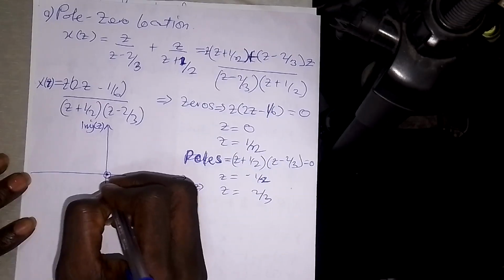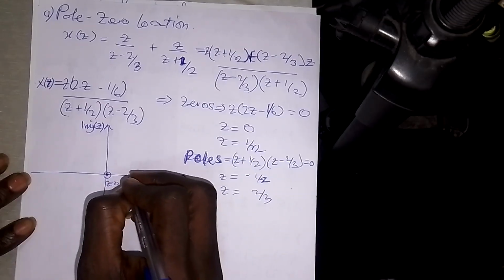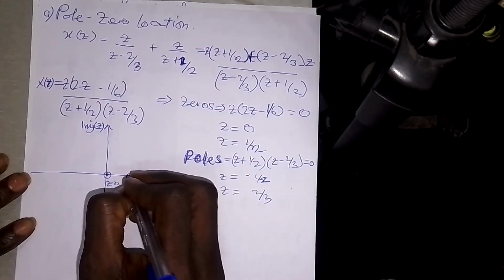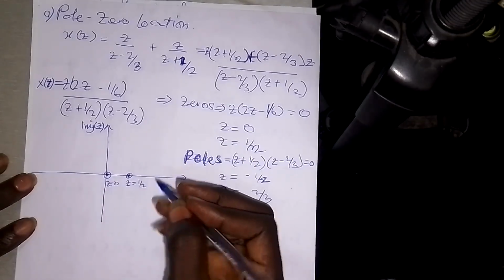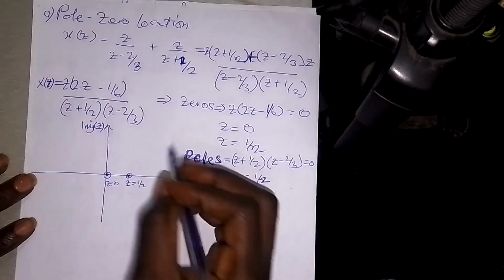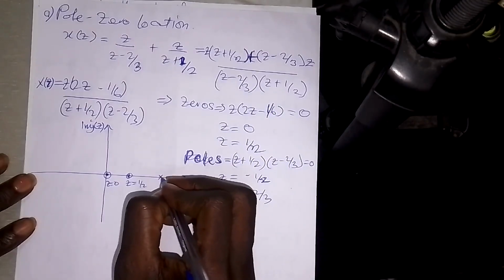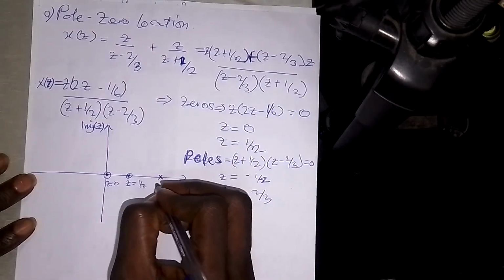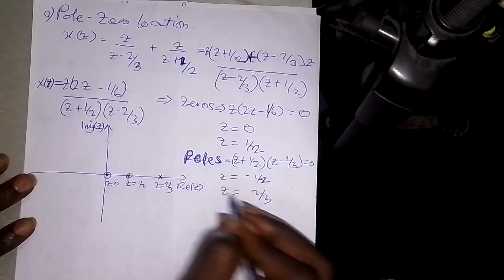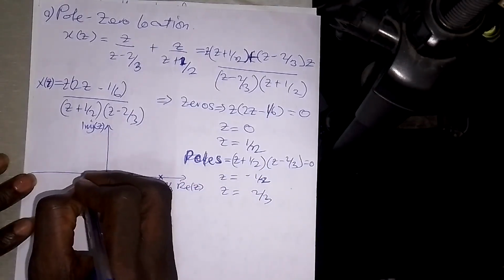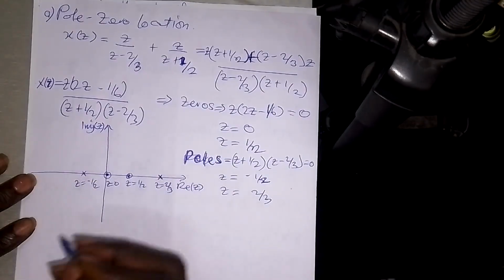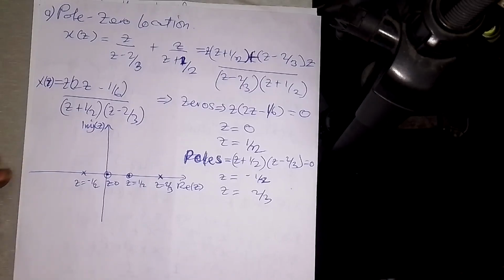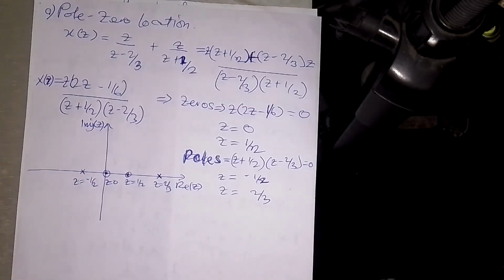So here, z equals 0 and then half, a small circle. And then the poles: 2 over 3. You represent the poles like this. So here z equals 2 over 3 and minus 1 over 2. So this is how you can do the poles-zero plot for this particular question.